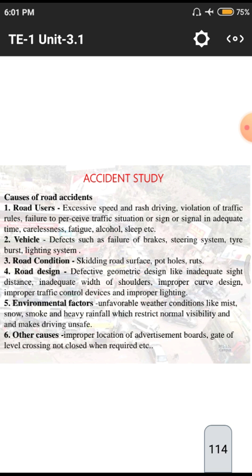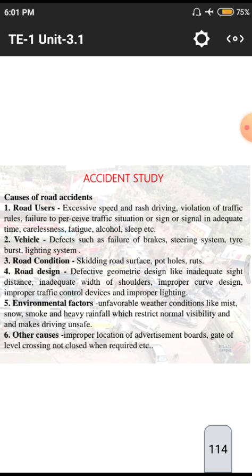Side distance means whenever a vehicle wants to overtake another vehicle, we need to have this side distance. Side distance equals d1 plus d2 plus d3. So we need to observe the side distance.